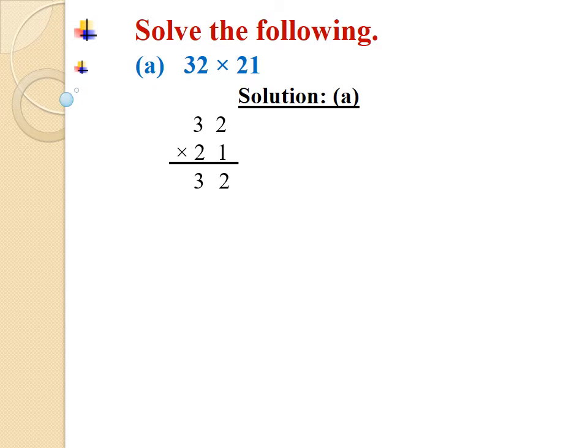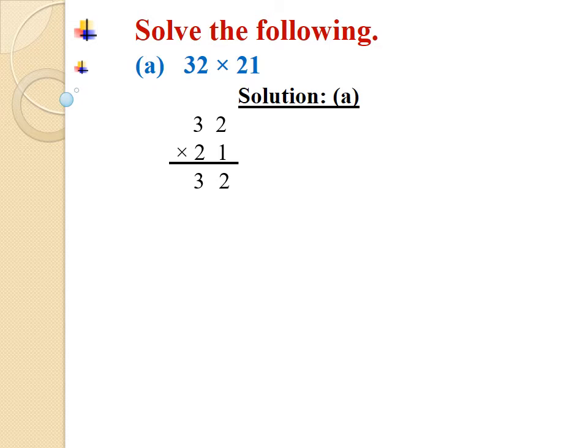Students, now let us solve step number 2. Students, in step number 2, we have to multiply 32 by 2 tens. Students, we know that when we multiply by tens, we have to put 0 at the end, that is in ones place, as in 10, there is 1 and 0.